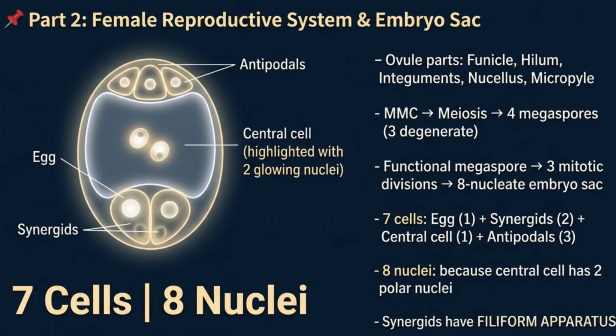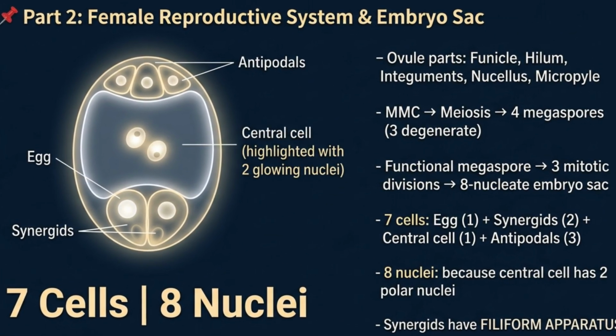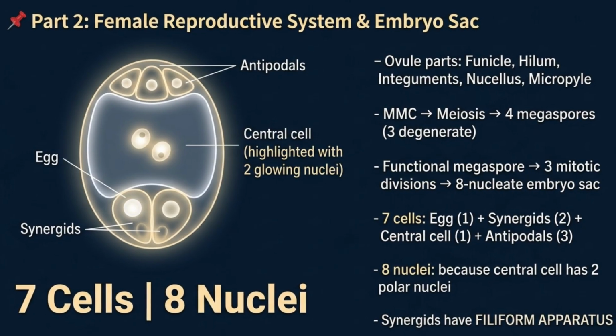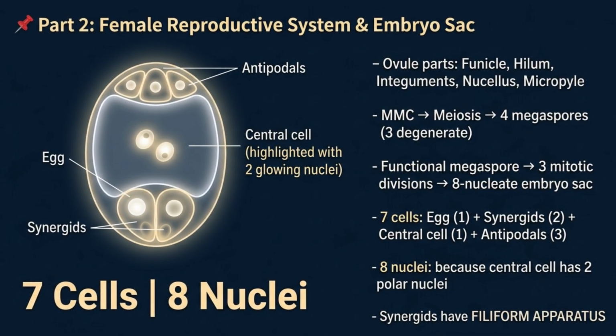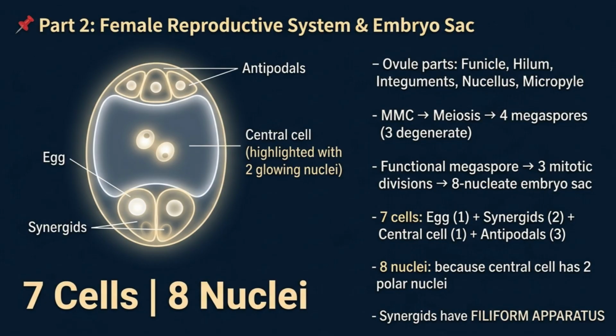Now the female side. The pistil has 3 parts: stigma, style, and ovary. Inside the ovary are ovules. Each ovule has a stalk called the funicle, and where the funicle meets the ovule is the hilum. The ovule has protective layers called integuments, usually 2, with a small opening called the micropyle.